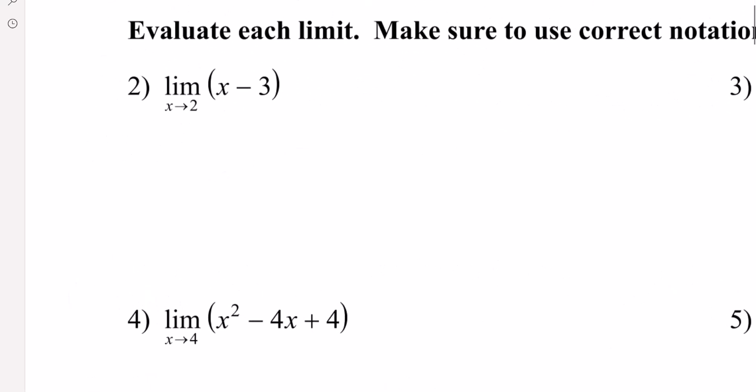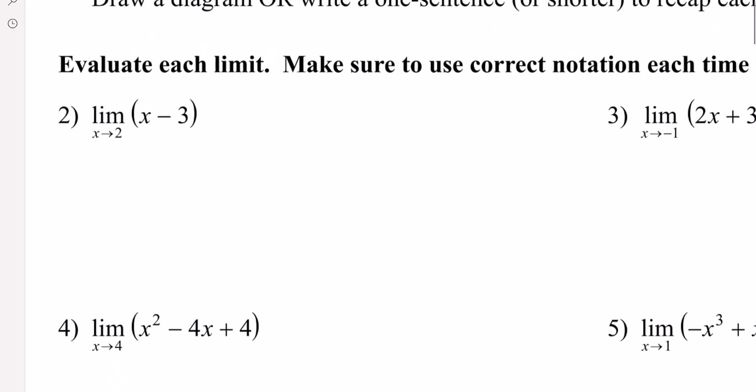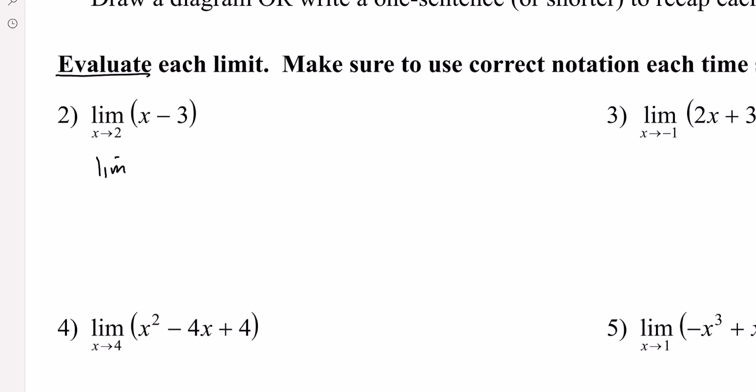All right, so this is the work that I'm going to want to see. When it says evaluate, remember that means do the math. For this one, since it's just this linear function, I'm going to want to see this on your paper. The limit as x approaches 2, we put 2 in there, subtract 3, and that's the height.